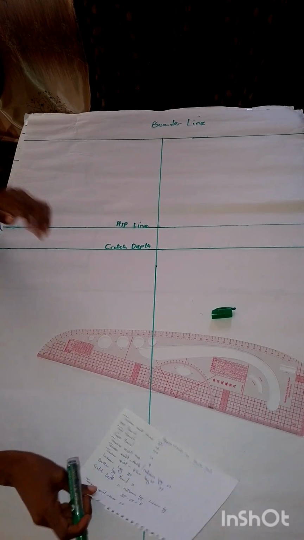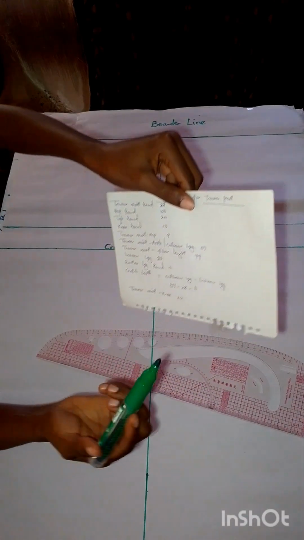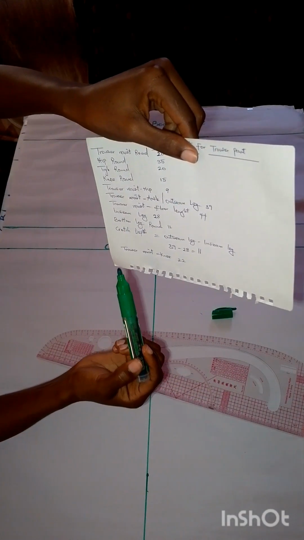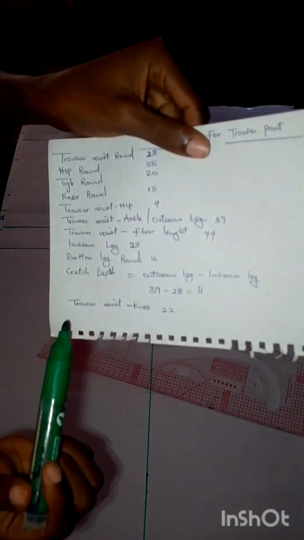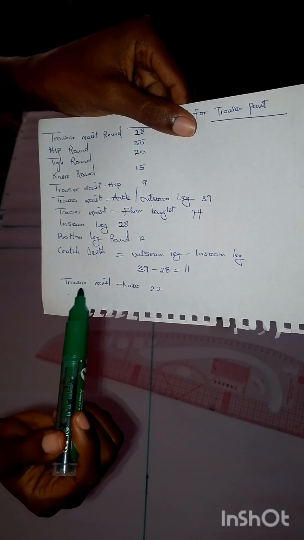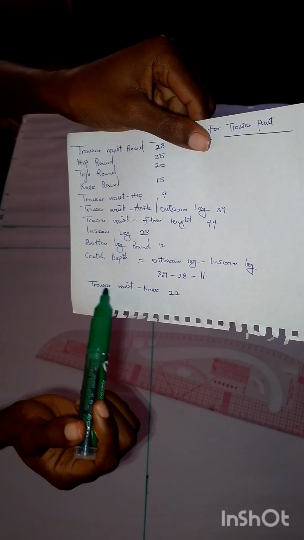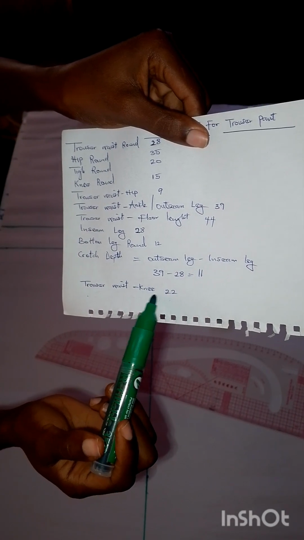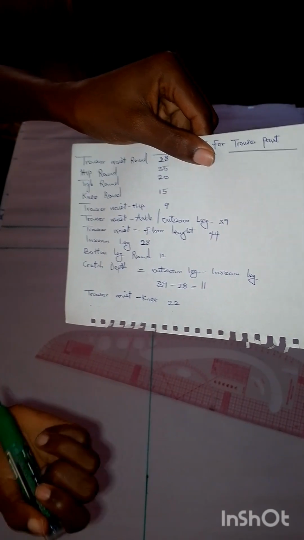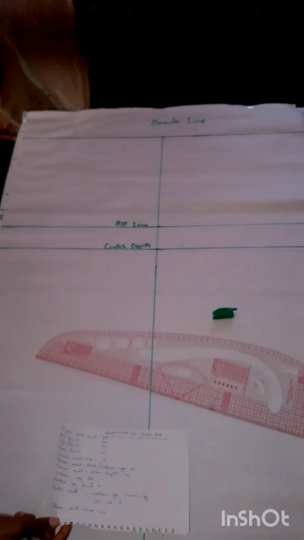Then the next line we are going to be ruling is our trouser waist to knee, 22. So this is the next thing we are going to be ruling out.